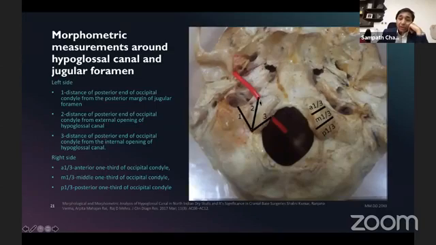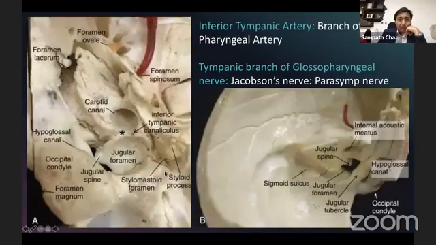Also the lateral exit point of the hypoglossal canal to the posterior point of the occipital condyle, and then surely the medial entry point of the hypoglossal nerve to the posterior point of the occipital condyle. So these three dimensions are to be mapped in your brain, and these are all things you need to identify during your resections.